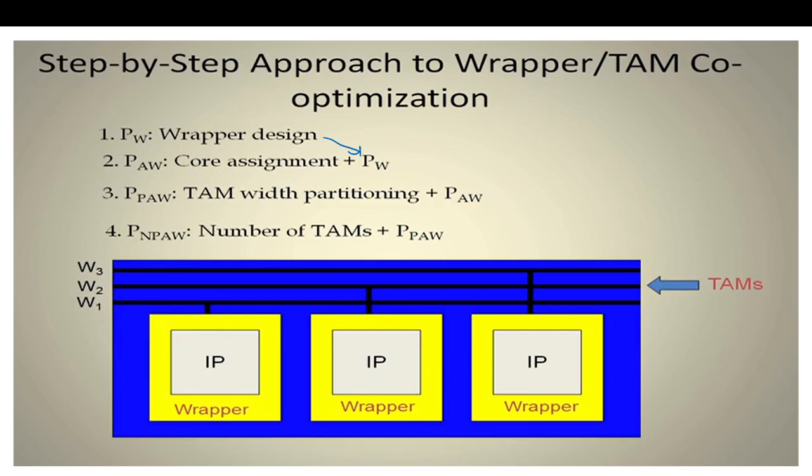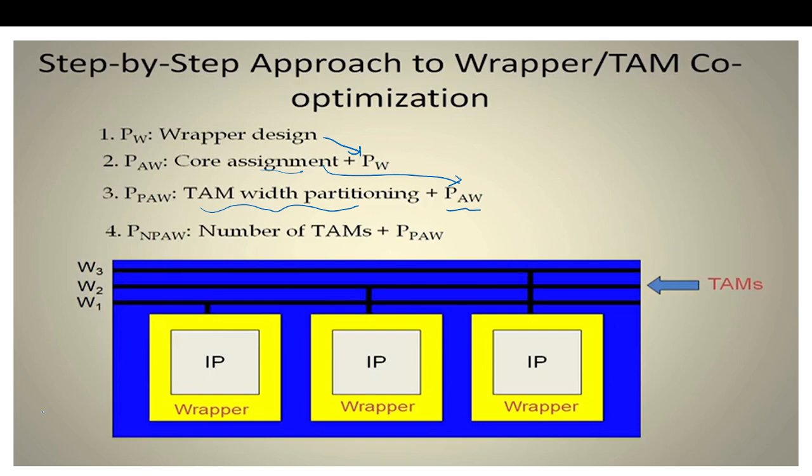Here, only the core assignments we are doing. The TAM width partitioning, everything is given or fixed. We are not considering it in the optimization problem. In the WPAW, we are considering the TAM width partitioning as well as core assignment plus the wrapper design.